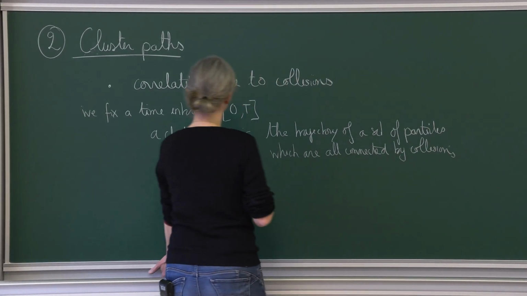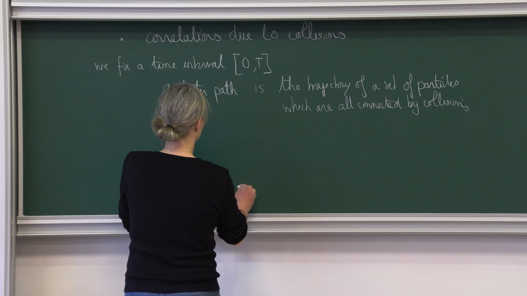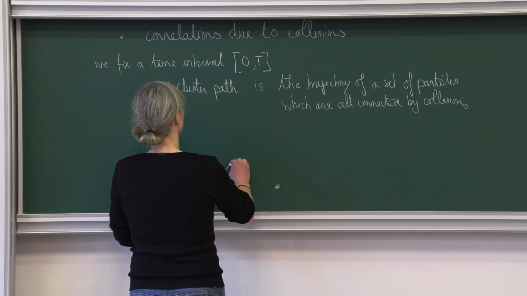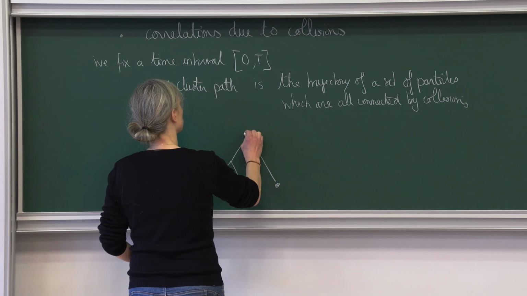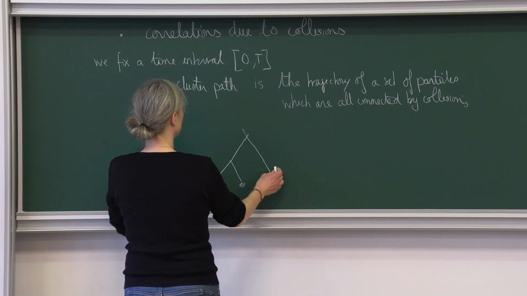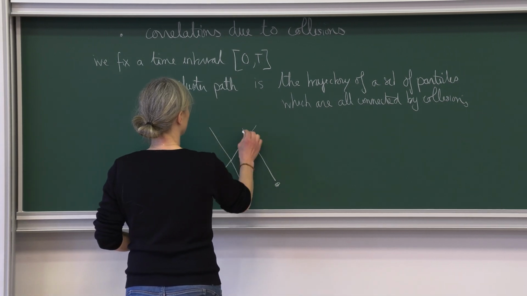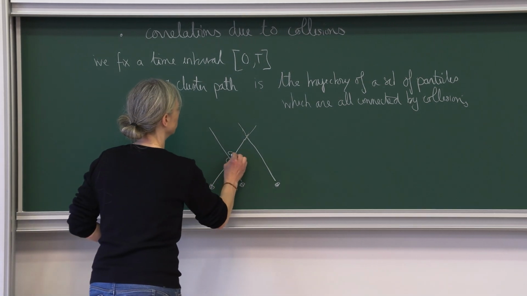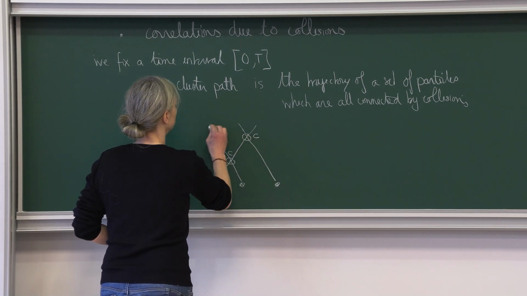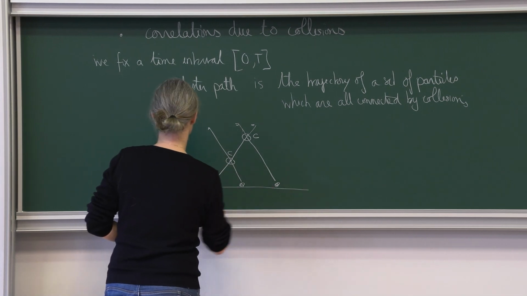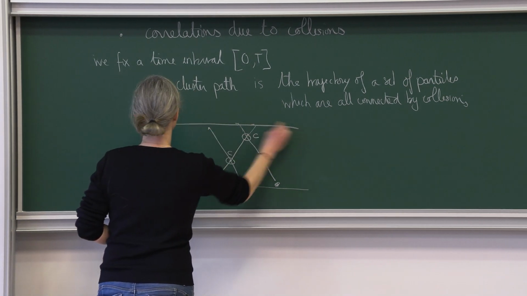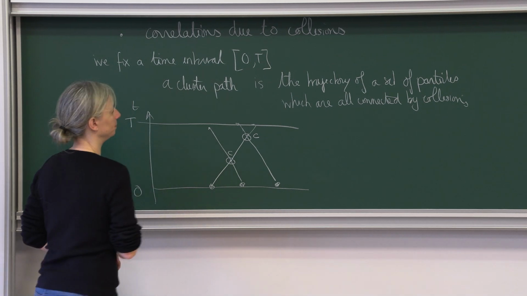This corresponds to a graph, something like this. You have some particles like this at time 0. Maybe these two will collide, and maybe this one then will collide with this one, and so these three particles form a cluster path. Here you have a collision, and here you have a collision, and you have this particle. That's time 0, and that's t.